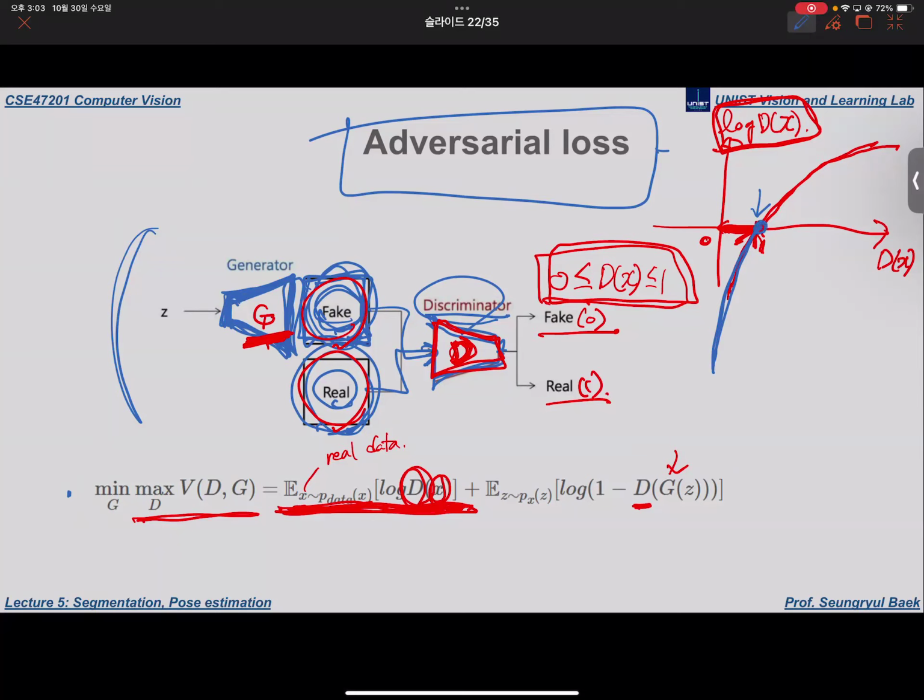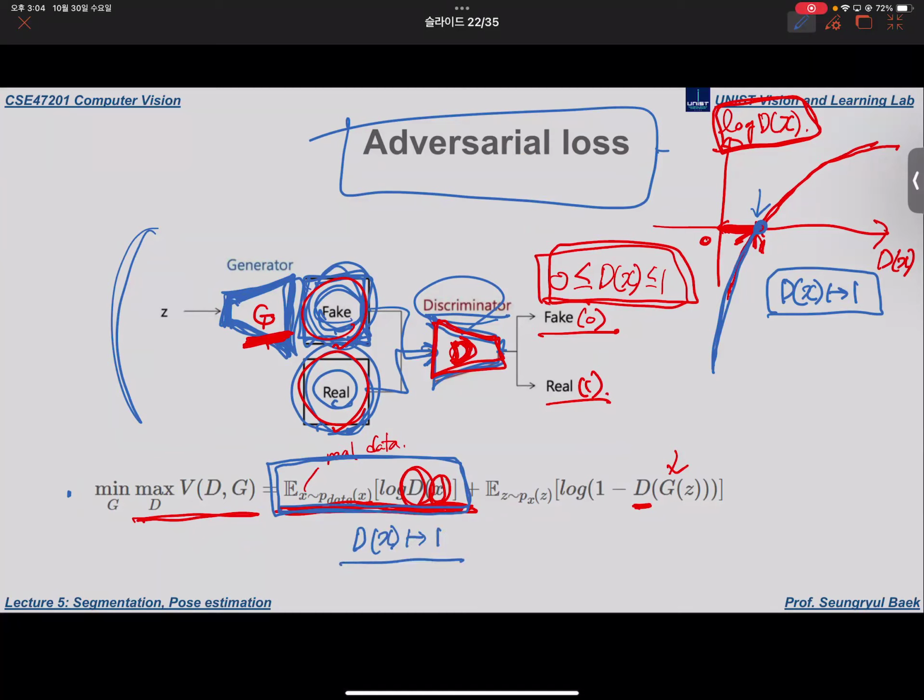Maybe that's this point, right? And at that point, D of X would go to 1, okay? Do you agree with this? So by maximizing this term, you can make D of X go to 1.